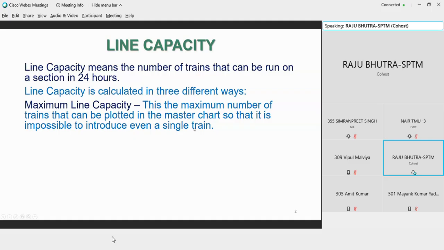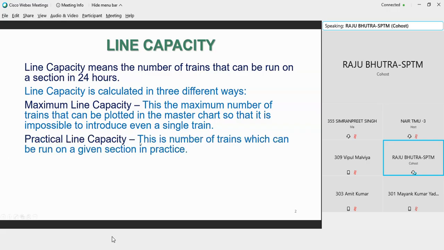I told you about the master chart when we discussed the control office working. If we plot all the trains such that there is no possibility of adding any more trains in the section, then that capacity will be the maximum line capacity of the section.